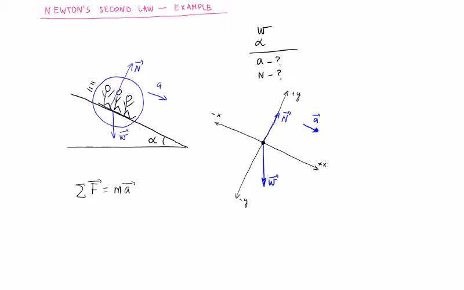Now all I need to do is make this vector equation into a scalar, or component, equation. So let's write the sum of the forces in x equals max, and the sum of the forces in y equals may. There is no motion on the y-axis, so this should equal 0.